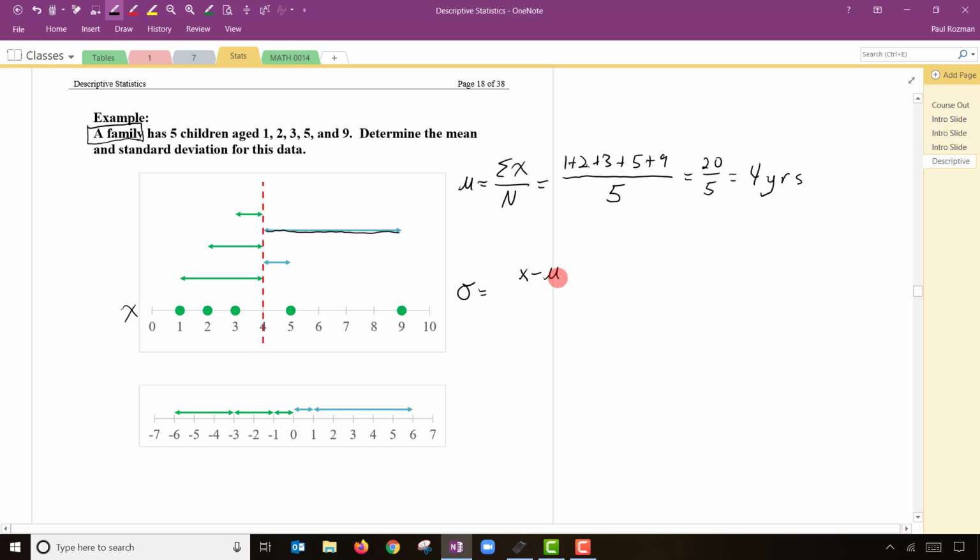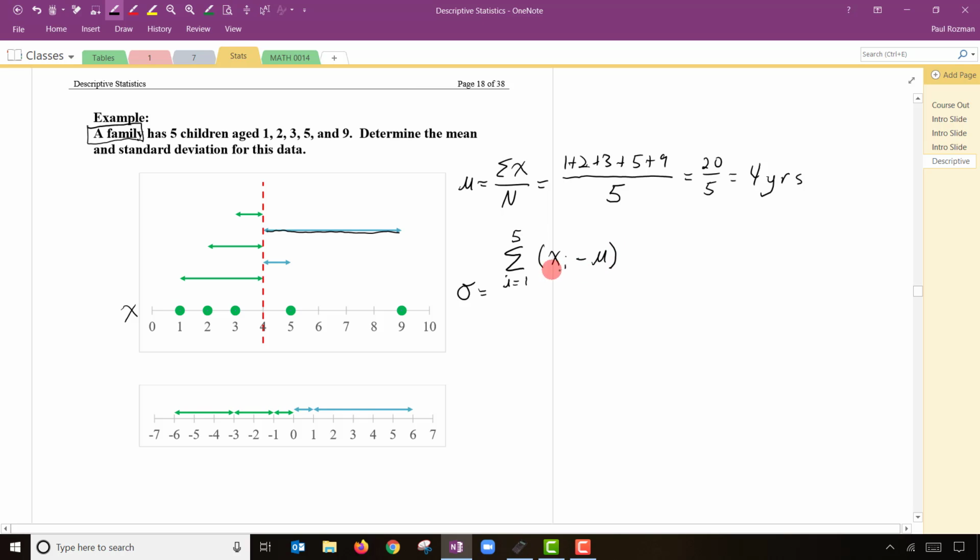But I'm doing it for all of the kids, so I'm going to add those up. I've been kind of lazy about my summation notation here. Maybe I should write this as the sum as i goes from 1 up to 5 kids, each child's age minus the mean of all the children.